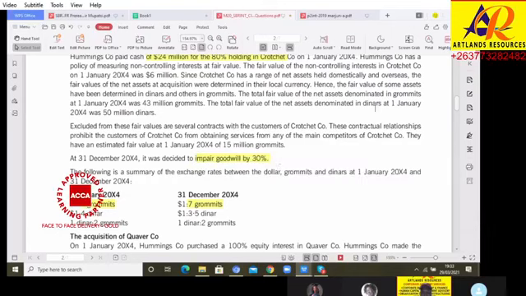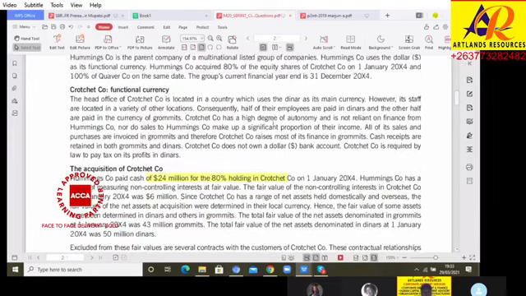You are not given the average rate here, but you are told that goodwill was impaired by 30% at 31 December, meaning the decision was made at 31 December. So you can use the closing rate of 1 to 7 grommets.